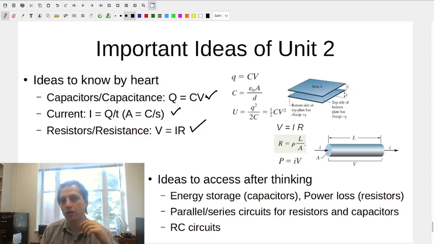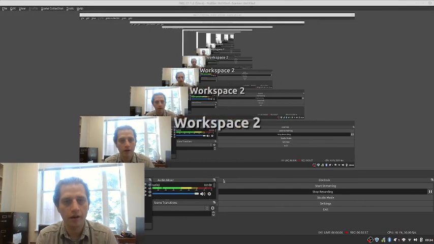Think about how capacitors store energy and resistors dissipate energy. Think about the difference between parallel and series for each, and then just a little bit about RC circuits. Secretly, don't really worry about Kirchhoff's laws. And that's it. That's Unit 2. So good luck studying. If you have any questions, I'm around.